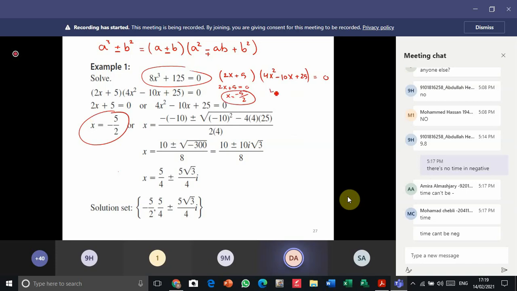Another solution comes from x squared minus 10x plus 25 equals 0, solved by the quadratic formula. After solving it by the quadratic formula, we have a negative, replaced with i, so we have 3 solutions. The first solution, this one, and the second and third solutions, these ones. This is after solving by the quadratic formula.